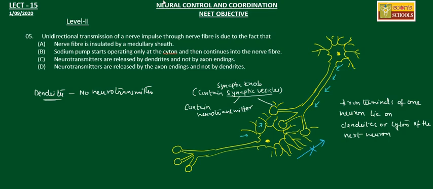Only the synaptic knob will contain the synaptic vesicles which are filled with neurotransmitters. Once the information reaches the synaptic vesicles, they merge with the membrane, then break open and release the neurotransmitter into the synaptic cleft, thereby transmitting the impulse from one neuron to another neuron.